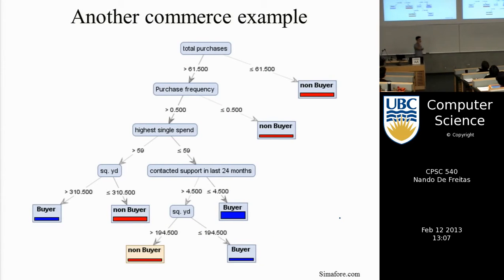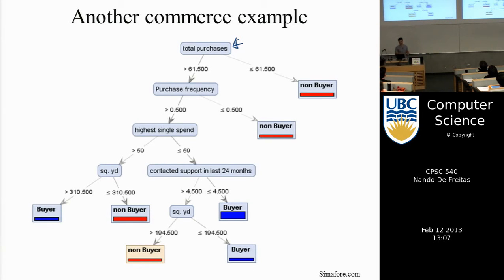Here is something that was built for a company for its customers. This decision tree basically has individuals, and the first thing that the company checks is whether the total number of purchases of the customer is greater than $61,000 or less than that.